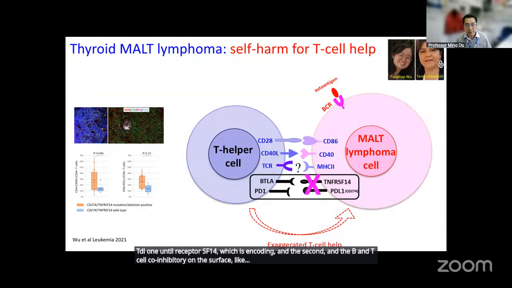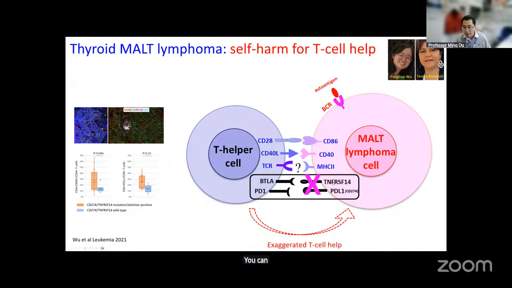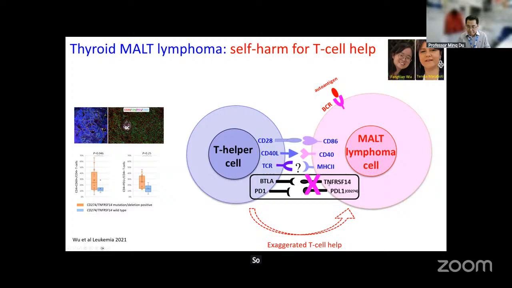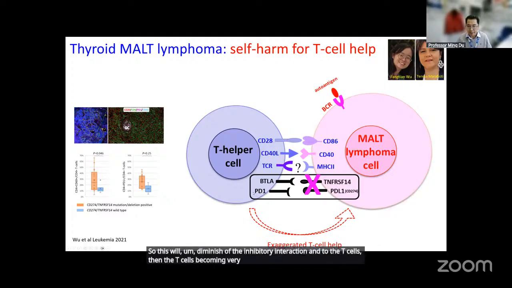So in thyroid multiple lymphoma, we believe genetic inactivation of these inhibitory surface receptors, TNF receptor SF14 and PDL1, will diminish the inhibitory interaction with the T cells. Then the T cells become very happy, providing more exaggerated T cell help.